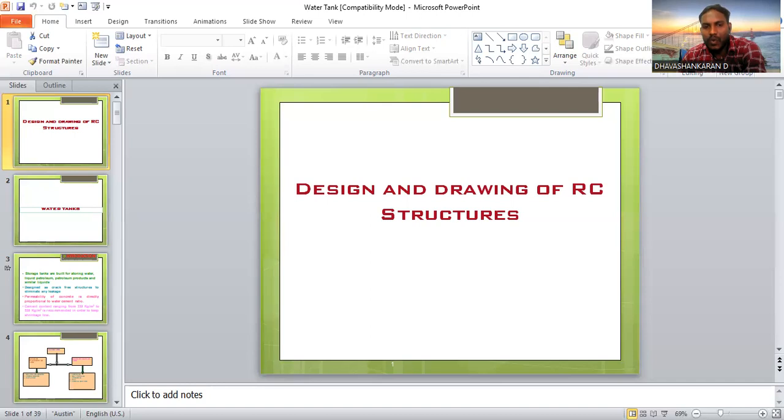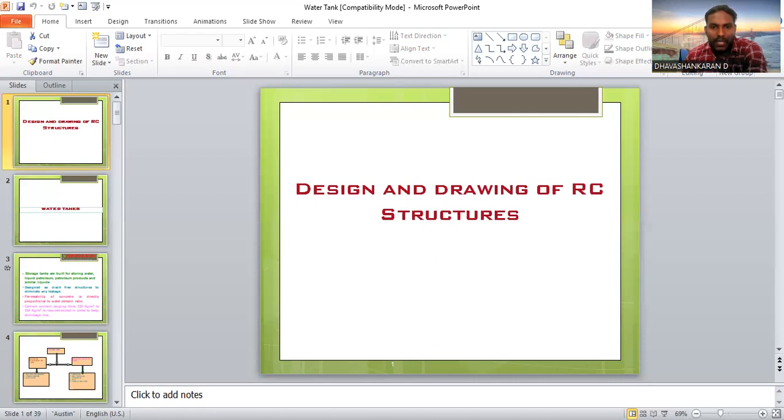The tank is open at the top. Use M20 grade of concrete and Fe415 steel. Draw to a suitable scale the plan at the base and the cross section through the center of the tank. These are the things we have to draw for this design.